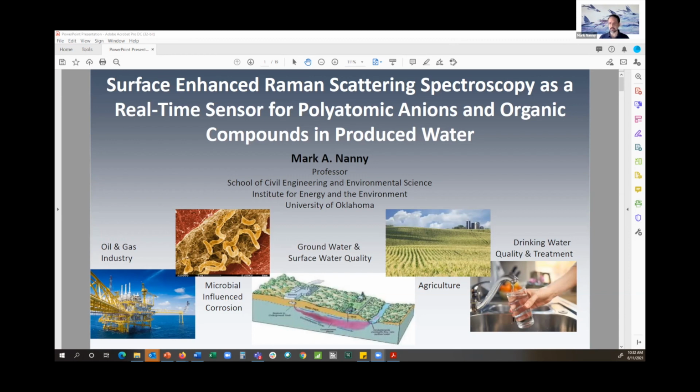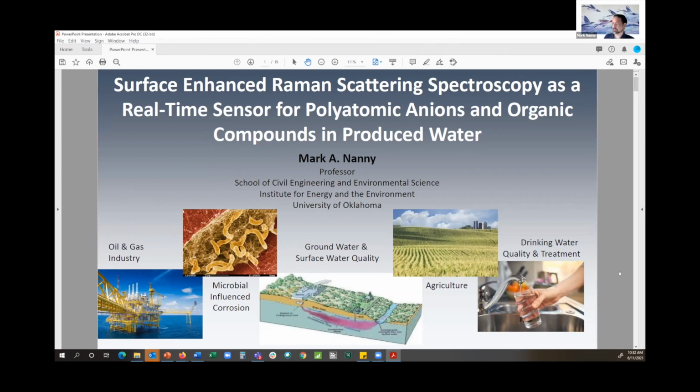So if you're doing any kind of dynamic systems where things are changing or you need real-time data, you really are at a disadvantage. So that really is a driver for our work in trying to develop sensors that will provide real-time, in situ data.